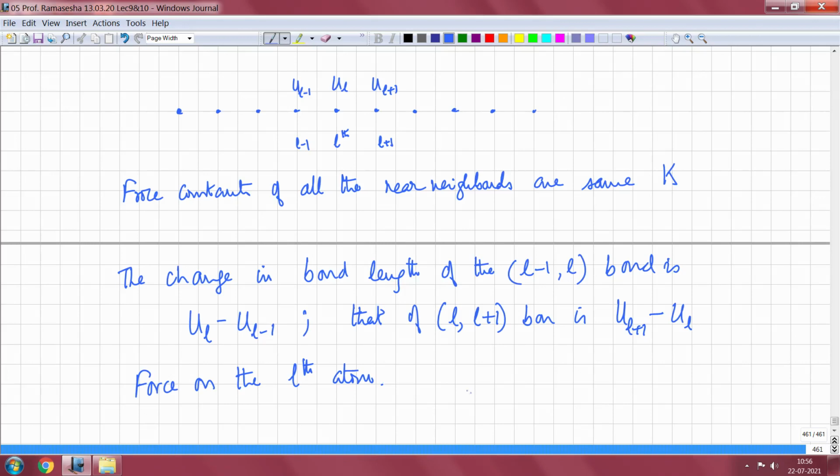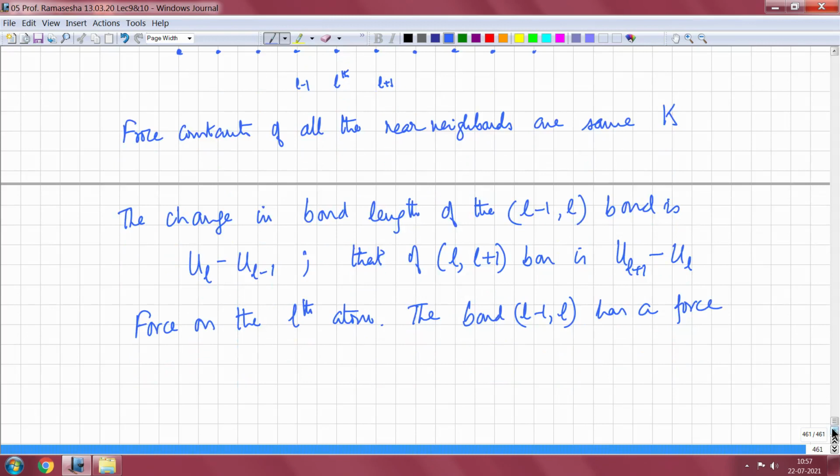The bond L minus 1 L exerts a force opposite to that of the L L plus 1 bond.